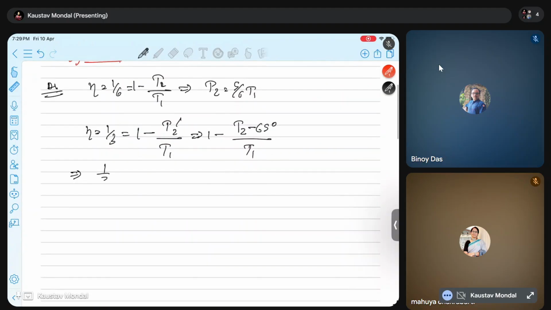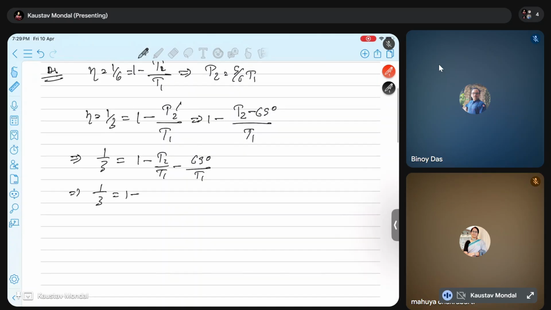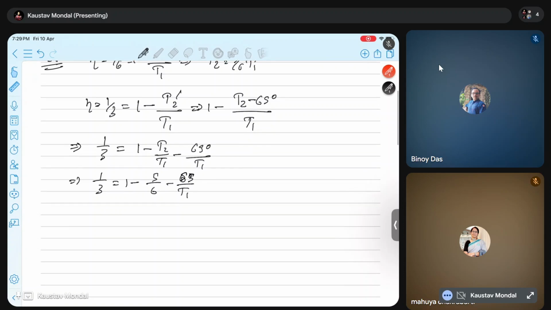Okay. So 1 by 3 would be 1 minus T2 by T1 minus 65 degrees by T1. That is, 1 by 3 equals 1 minus 5 by 6 minus 65 by T1. So from here, 65 by T1 is equal to 1 by 3 minus 5 by 6.